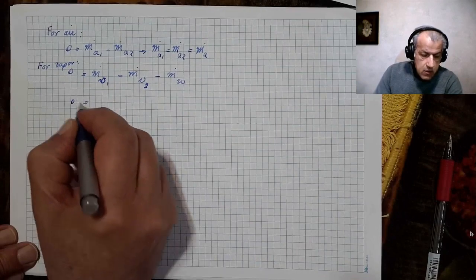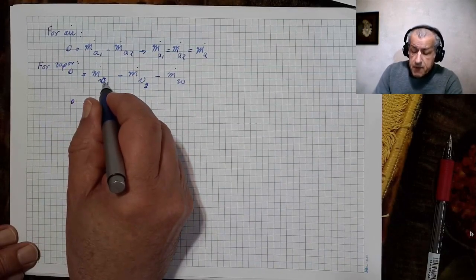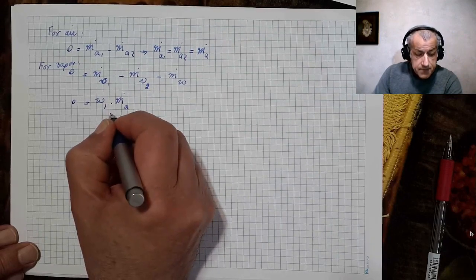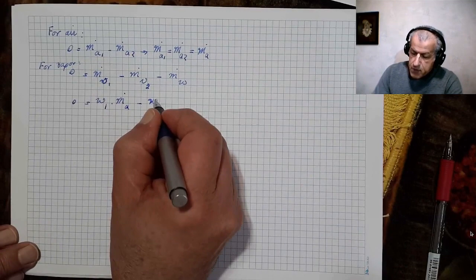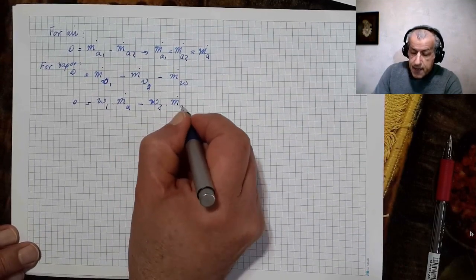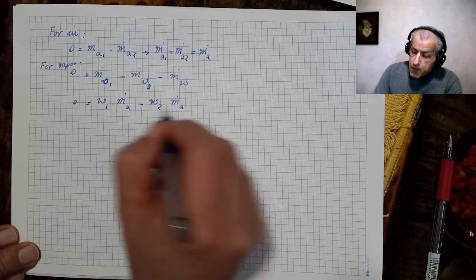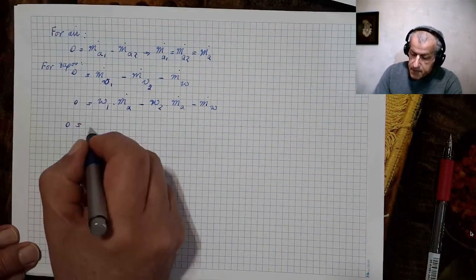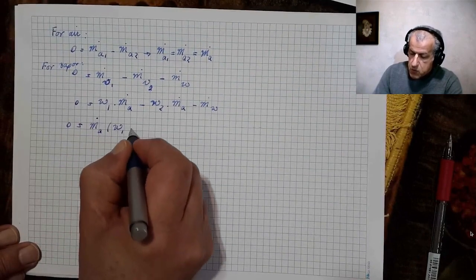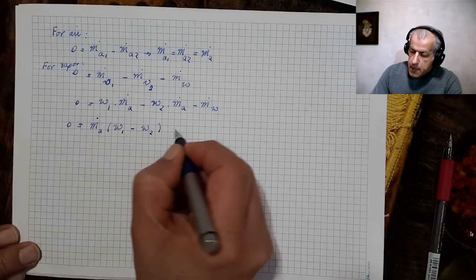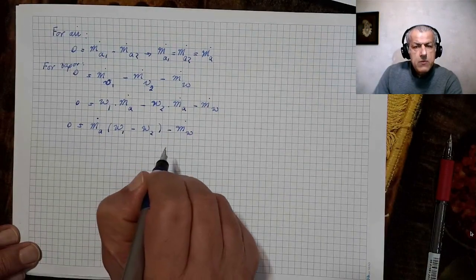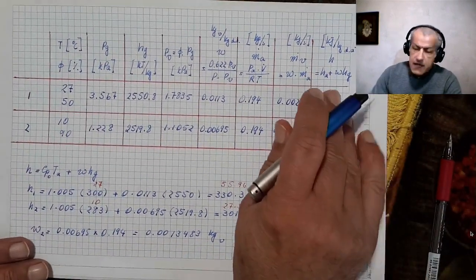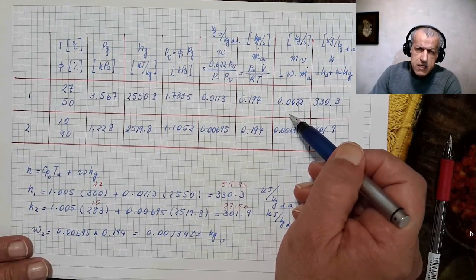So this would be 0 equals, instead of the vapor mass flow rate, we write W1 times m dot A minus W2 times, again, m dot A minus m dot W. Or simply 0 equals m dot A times W1 minus W2 and minus m dot W. So, although here, just for clarification, we calculated m dot V, and in fact, we don't need it, we don't use it.